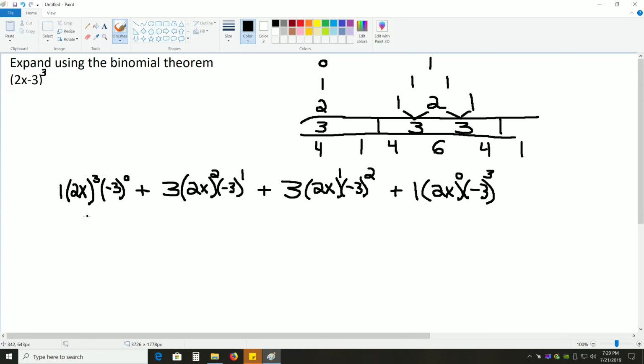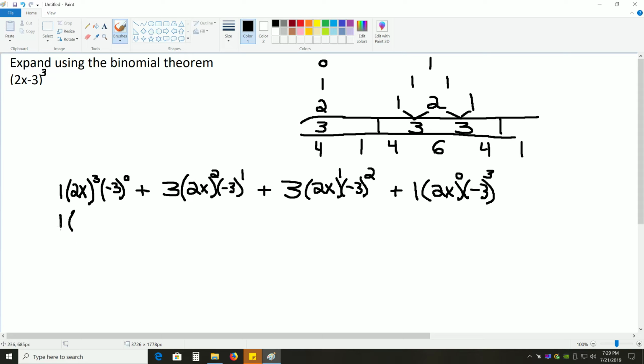So simplifying this, we have 1 times 2x to the third times negative 3 to the 0. I'm going to do this in multiple steps to avoid confusion. 1 just goes away. Anything times 1 is itself. And negative 3 to the 0 is just 1. Anything except 0 to the 0 power is 1.